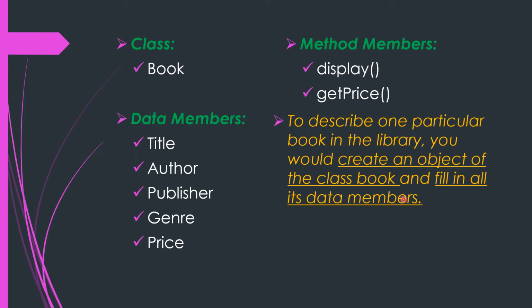And how will you fill them? You will fill them using the method members, because method members are used to perform certain actions on the data members. And here we want to display these data members or display the details. So for this we are going to use the method members.